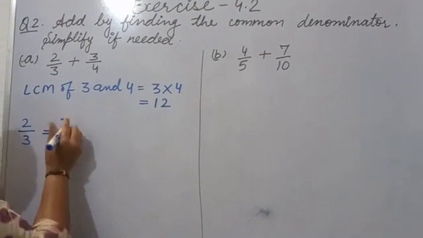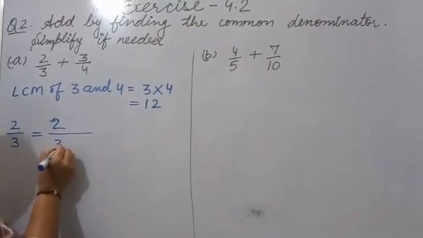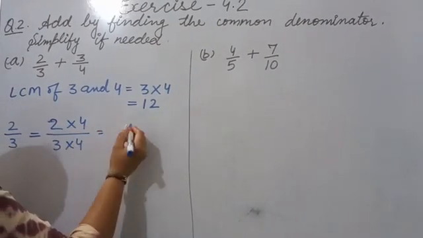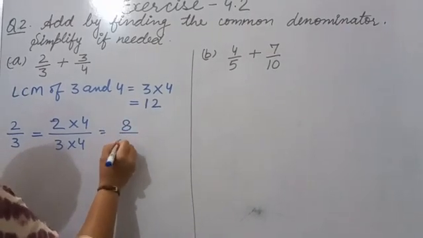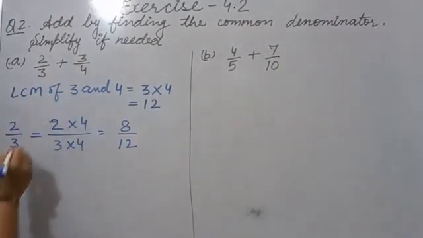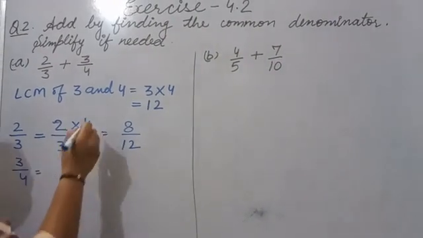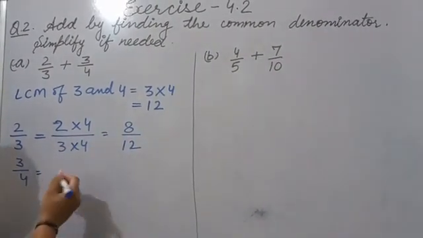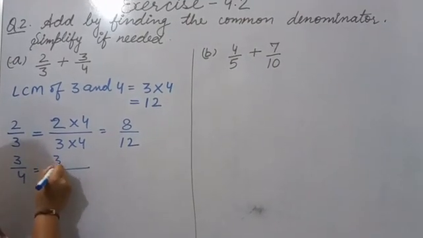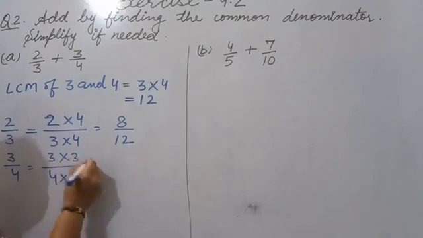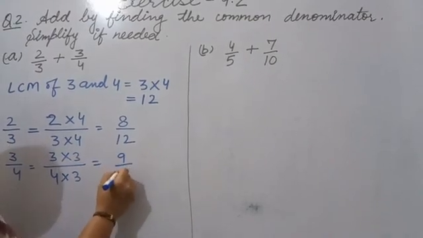So 2 upon 3 multiply by 4, multiply by 4. 4 2 are 8 and 4 3 are 12. Now second is 3 upon 4. Now 4 becomes 12. How? Multiply by 3. So 3 upon 4 multiply by 3, multiply by 3. 3 3 are 9 and 4 3 are 12.